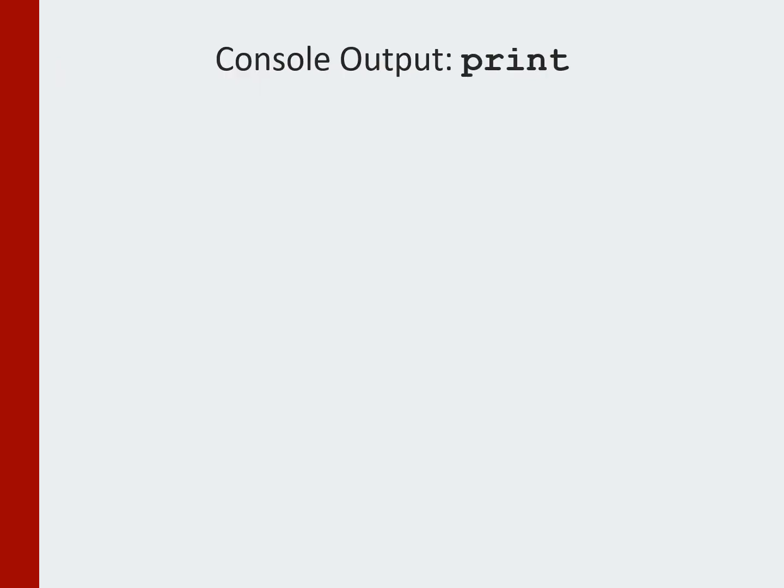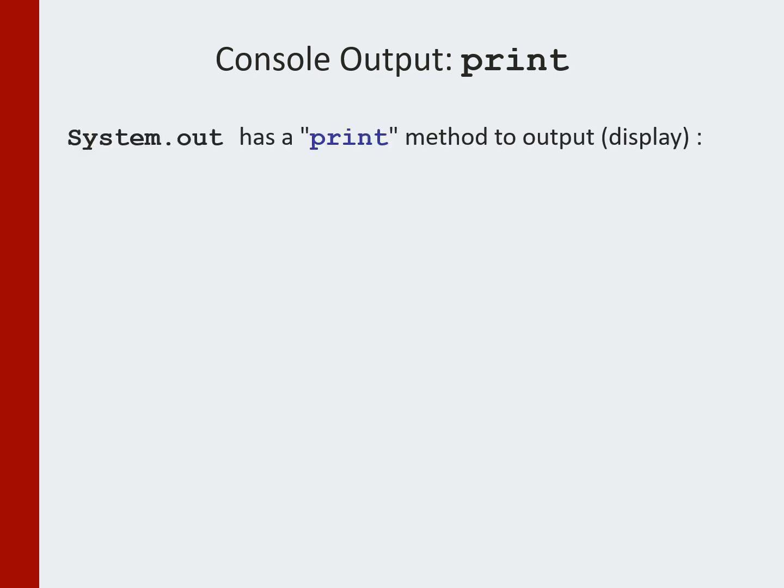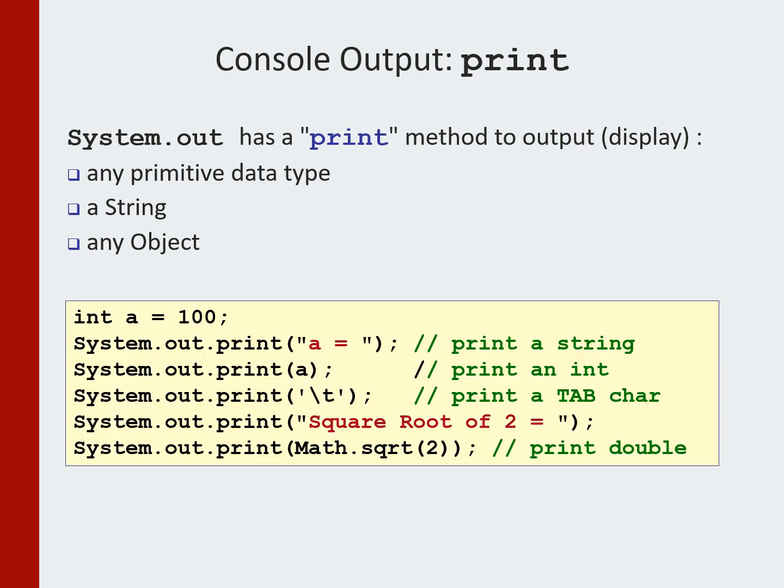Before I talk about printf specifically, I do just want to talk about print. System.out has a print method which outputs or displays to your console any primitive data type, a string, or any object, which is super important to Java, but for right now, most of our examples will be on primitive data types and strings.